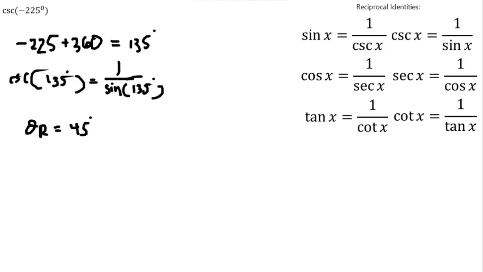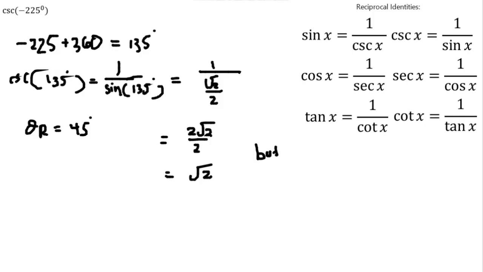We can find the reference angle. That's going to be 45 degrees. So we can write it as sine of 45 degrees, which is root 2 over 2. And we can simplify this fraction. We've got root 2. But how do we know if it's going to be positive or negative? If you have memorized it, we have quadrants 1, 2, 3, and 4, right?